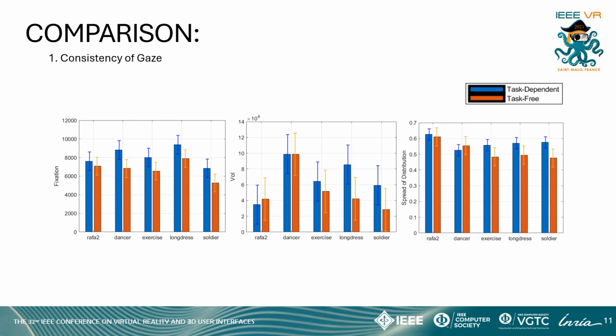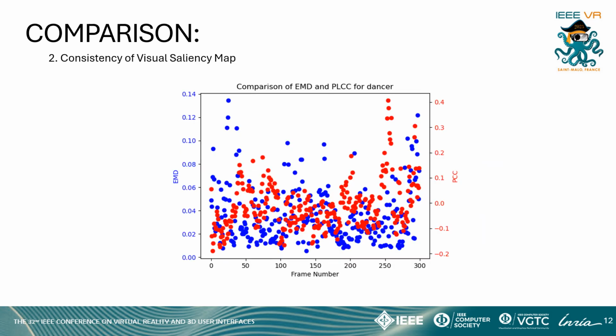The only exception is the high motion content, because it already has enough information for the user to explore. So they basically have the same volume of interest and even more spread of the distribution of the gaze.